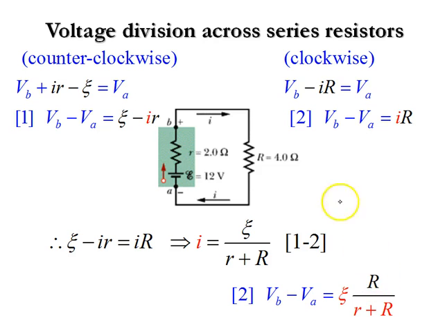So the voltage across a resistor in a series circuit is going to be equal to that resistor divided by the total resistance in the series circuit, multiplied by the EMF, or the voltage across that.